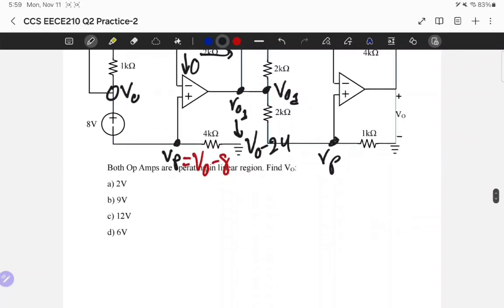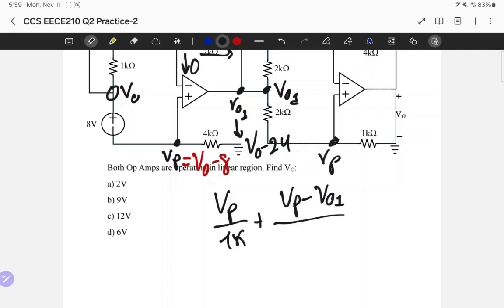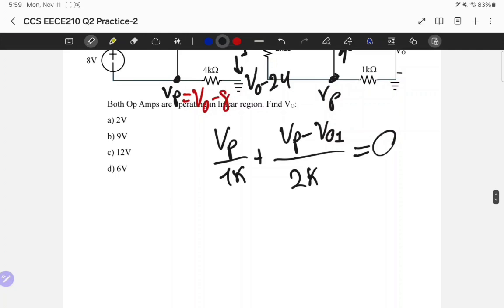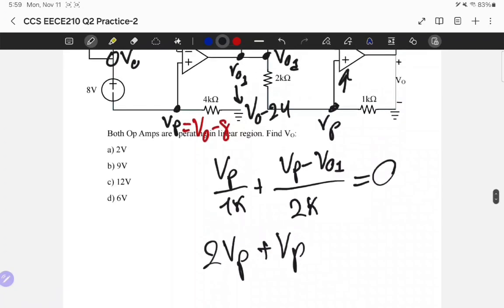So let's do this. A KCL on node Vp, so we have Vp over 1k plus Vp minus VO1 over 2k plus 0, nothing enters in here, this is gonna be equal to 0, and multiply everything by 2k, so 2Vp plus Vp minus VO1, but VO1 is VO minus 24, so plus 24 minus VO equal to 0. Sorry, not VO1, it's VO.